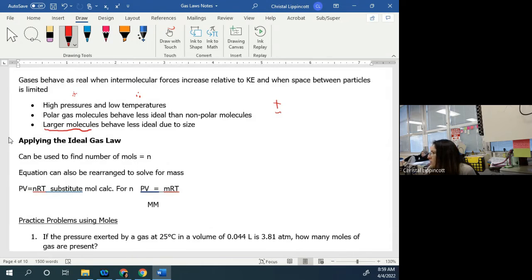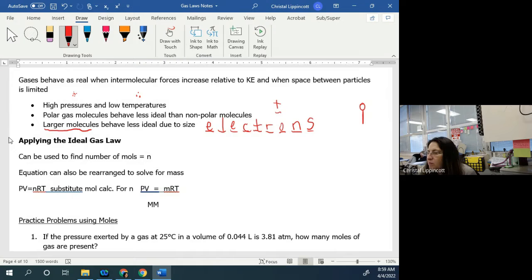Go back to last chapter, IMFs. Bigger molecules have more electrons.